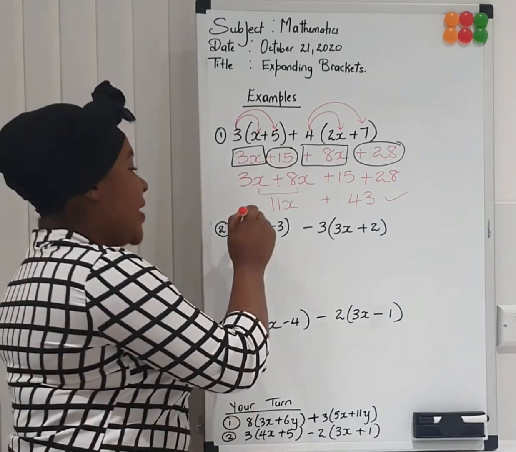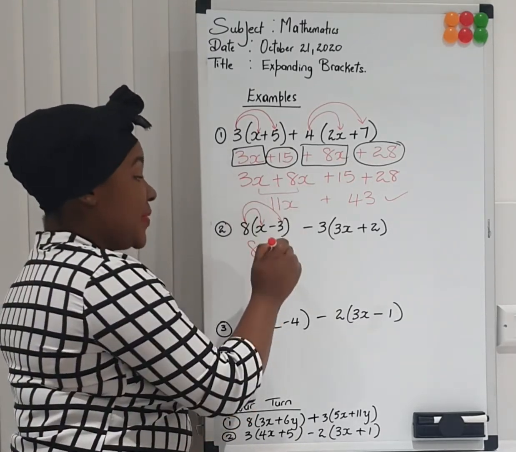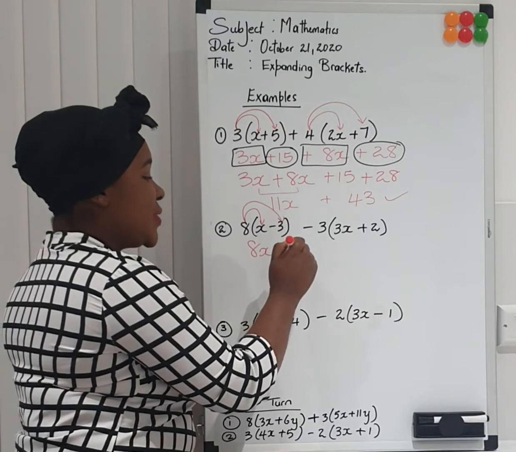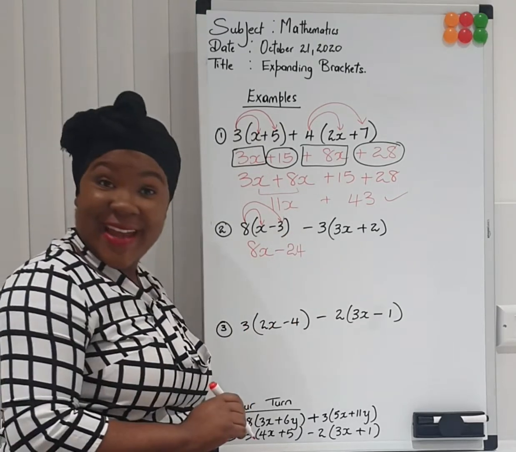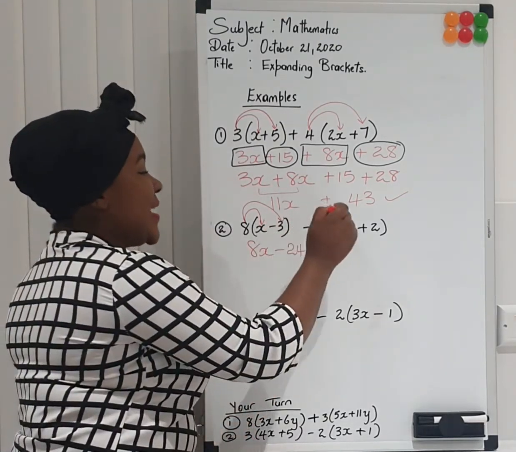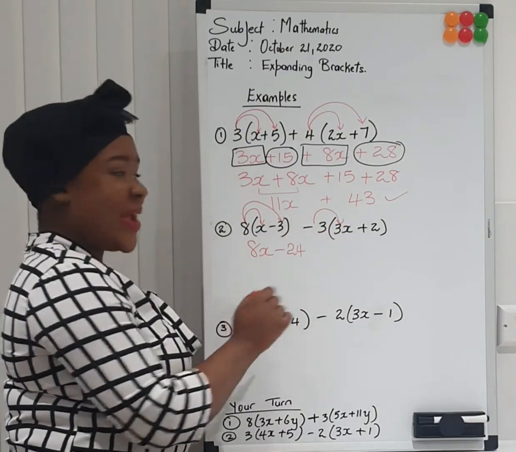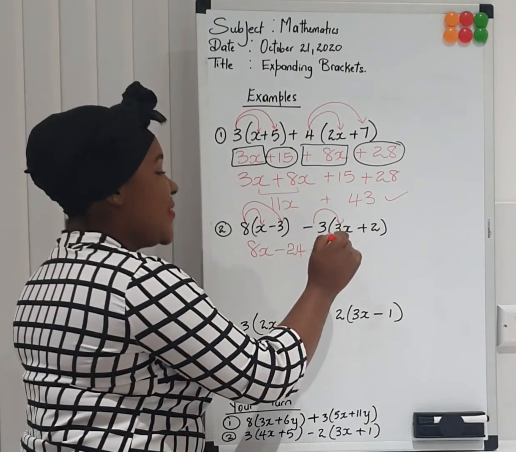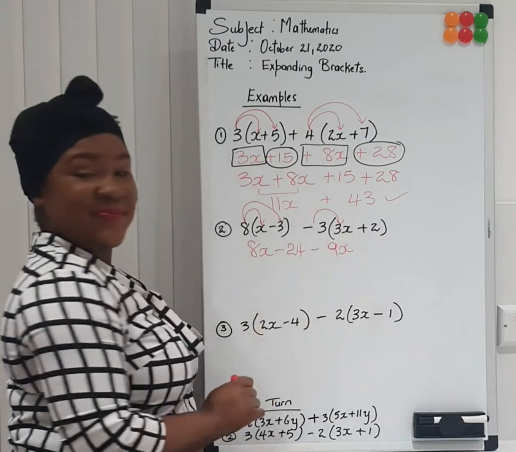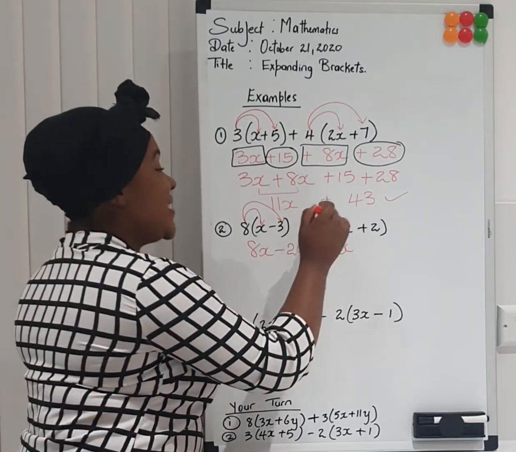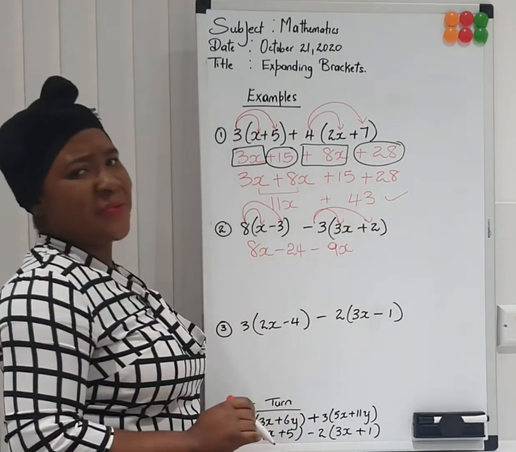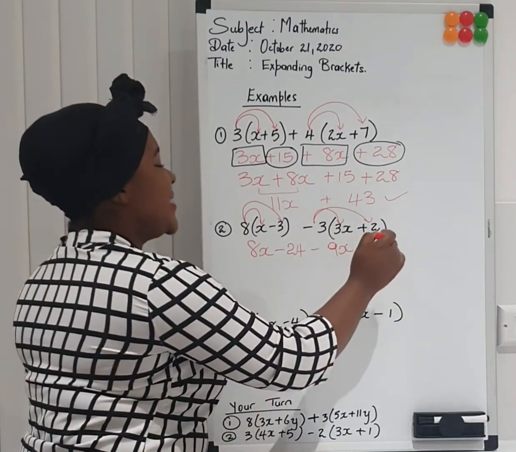Good. And then I go 8 times negative 3, and that gives me negative 24. Nice. Now I'm going to go ahead and say negative 3 times 3x, and that gives me negative 9x. And then I'm saying negative 3 times positive 2, and that gives me negative 6.